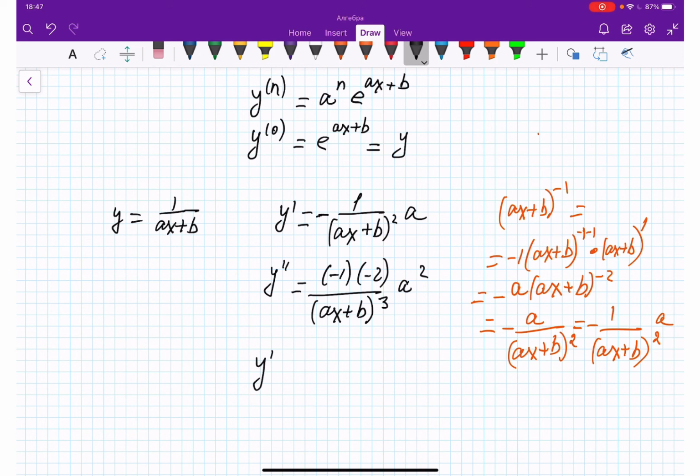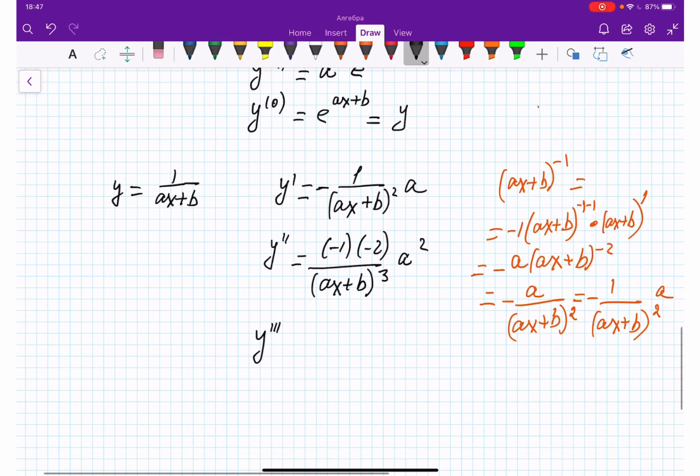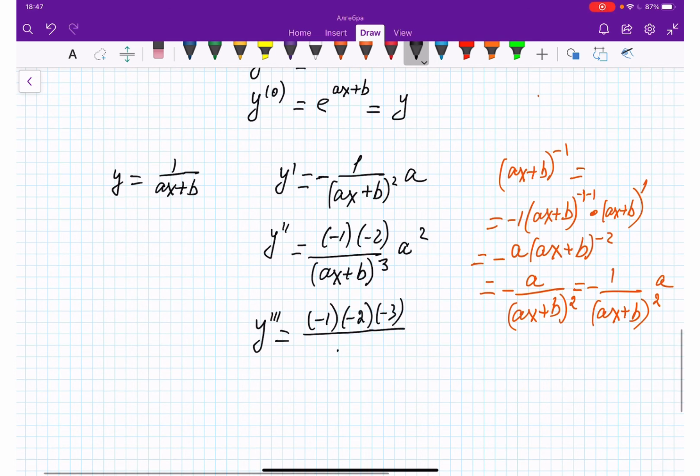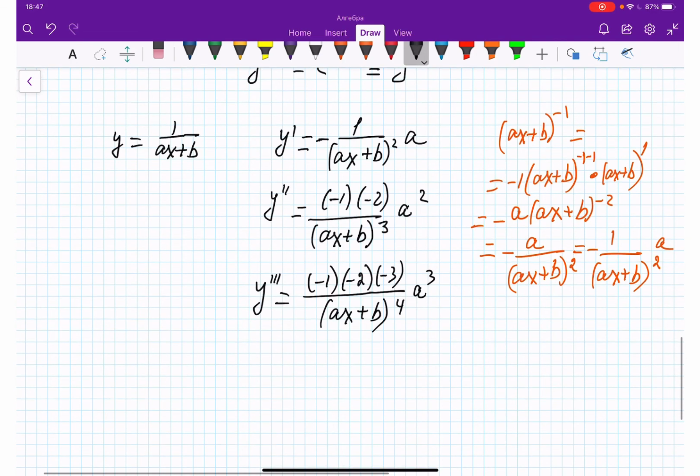And then if you do the third derivative, it's going to be negative 1 times negative 2 times negative 3, right? Over ax plus b to power 4, times a to power 3.